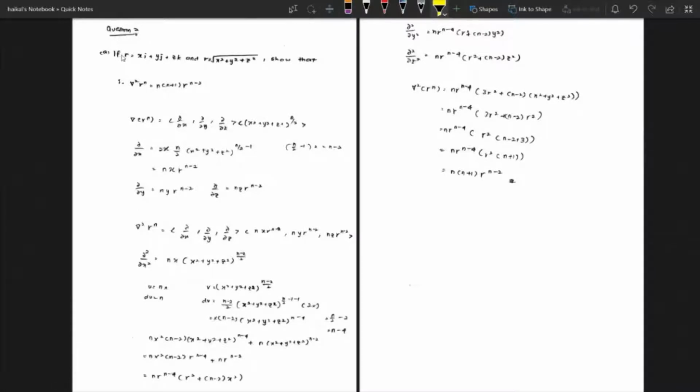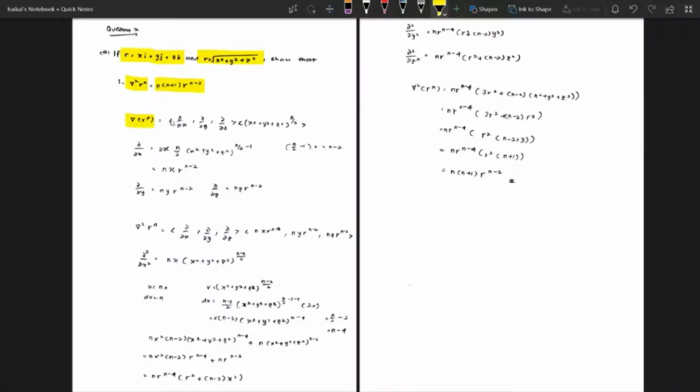If r equal to xi plus yj plus zk and r equal to square root x square plus y square plus z square, show that del square r to the power of n equal to n(n plus 1) r to the power of n minus 2. So first we find del r to the power of n.